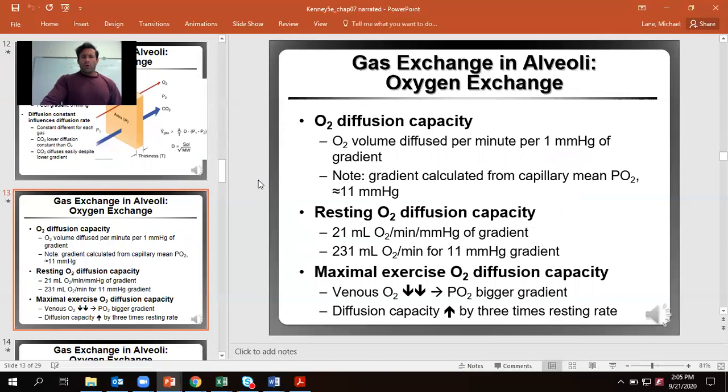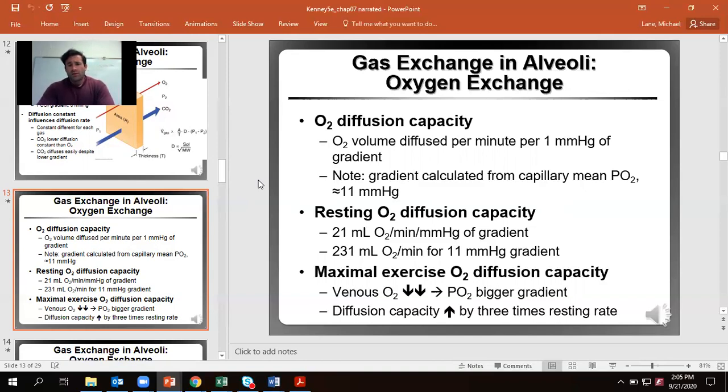Now, the total amount of oxygen exchange we have is going to be based upon, obviously, the volume that we're going to be diffusing per minute, per millimeter of oxygen. And we can then calculate it when we look at the total average amount of oxygen, both from whenever we happen to be getting it into first the pulmonary artery, and then whenever it's returning and going out to the extremities.